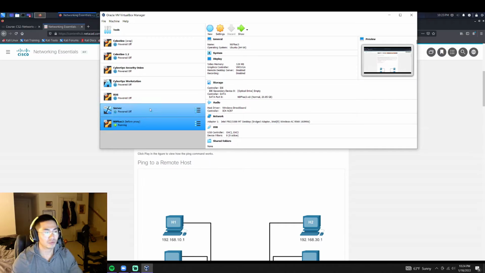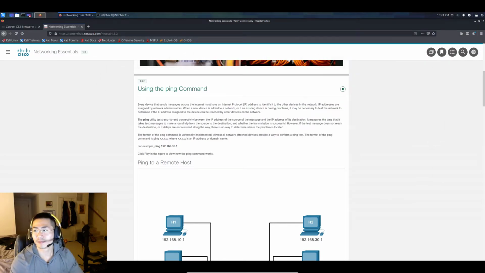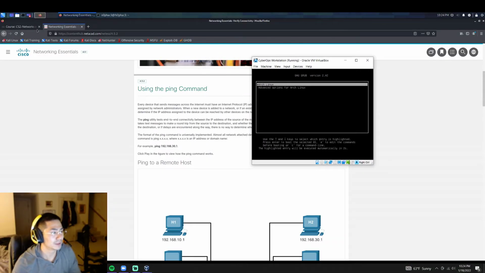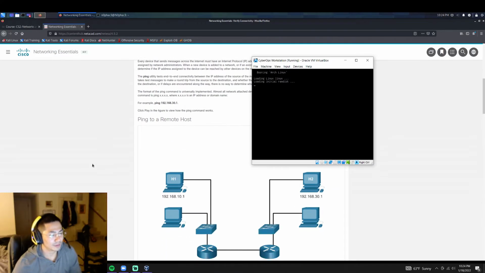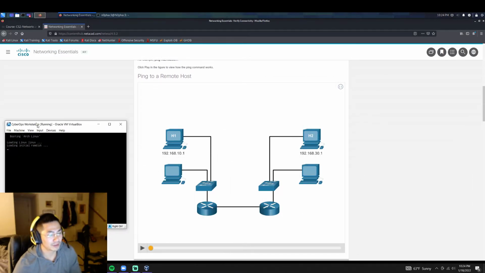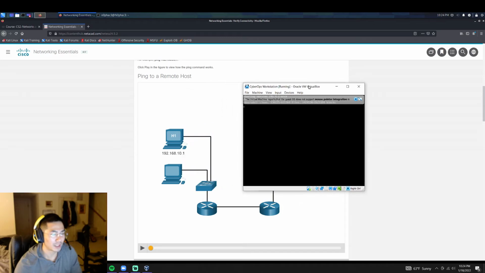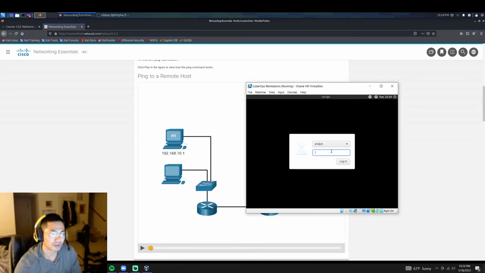I can give you, let me pull up my VirtualBox. Let me pull up my CyberOps workstation, and I will show you live. It's not that difficult. Instead of the video they have of host one pinging host two, how about I just give you a live demonstration of how this works?